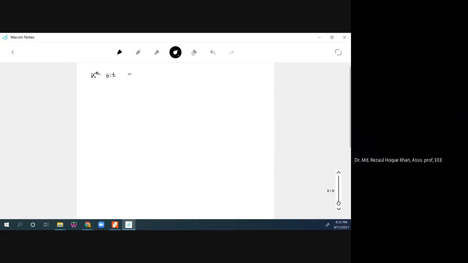Imagine it can be anything, right? The kth bit means ak can be plus a or minus a. This plus a and minus a, these are random. It's a random value.